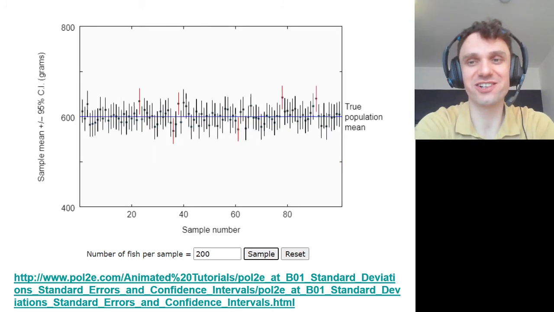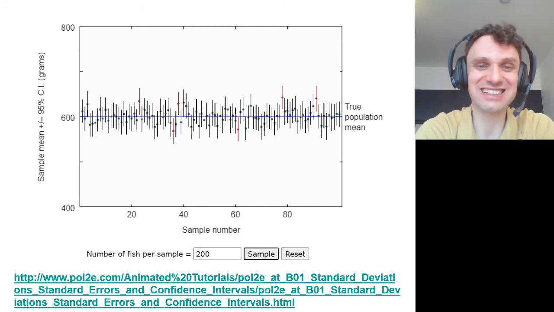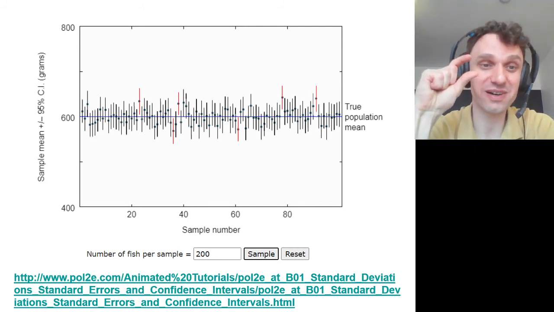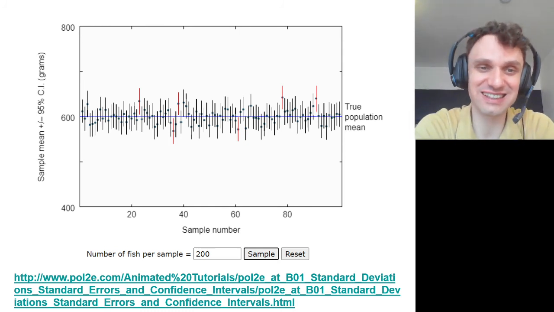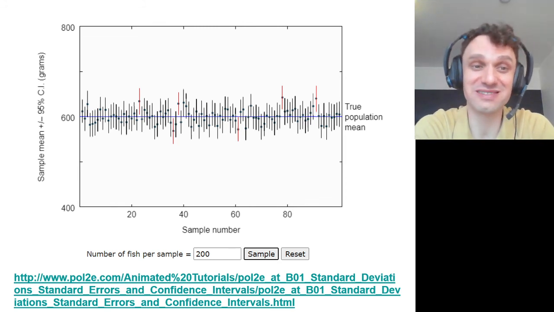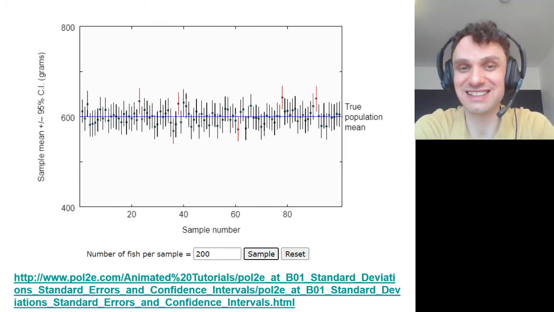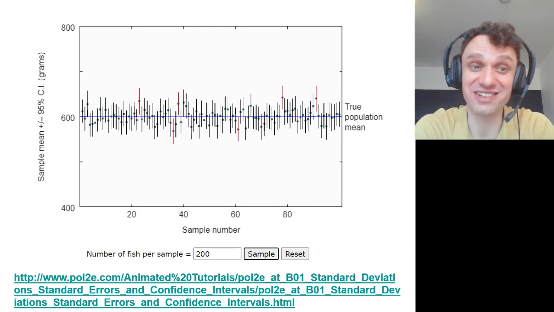But what if researchers catch a larger number of fish, 200 fish? Then you can see that the confidence interval becomes much, much smaller. And the mean estimates on different samples don't jump as widely. You will not find extreme estimates like 500 or 700 grams.